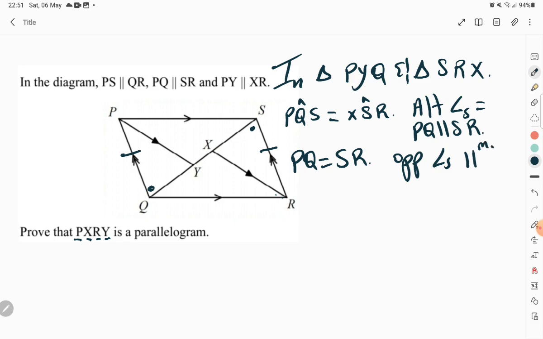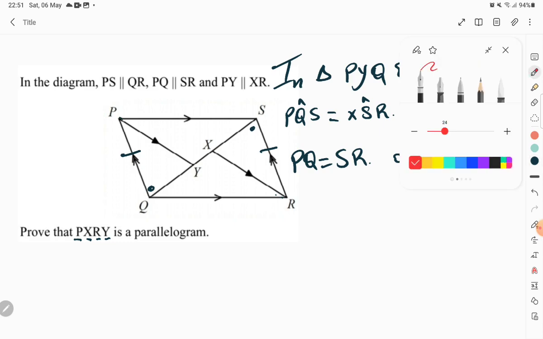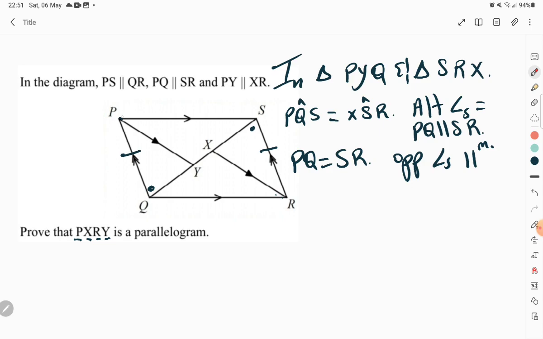Now how about these ones? Let me just change the color. What about this angle over here that is not clear? This one is equal to that one. These are actually alternate angles.